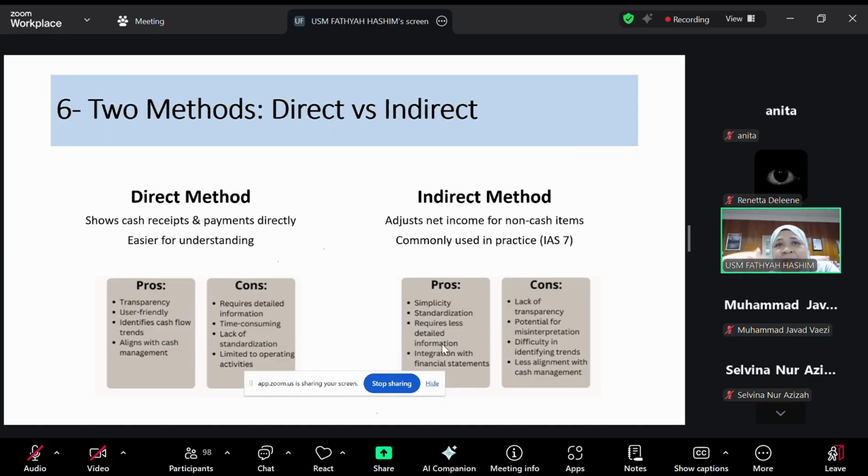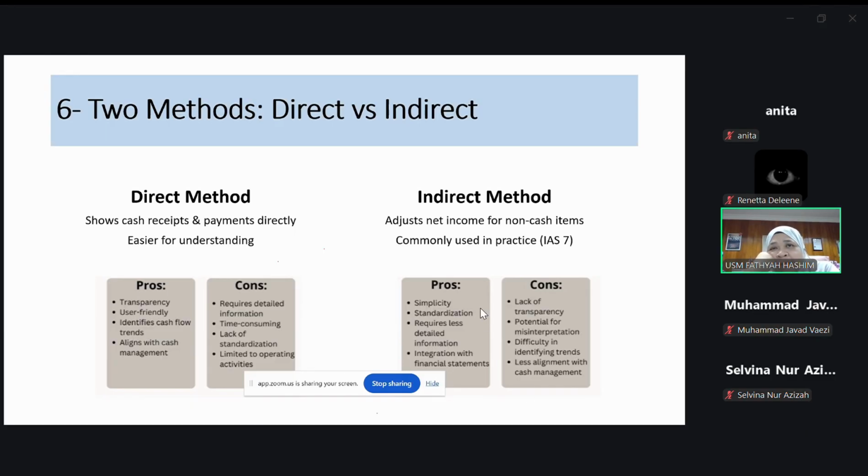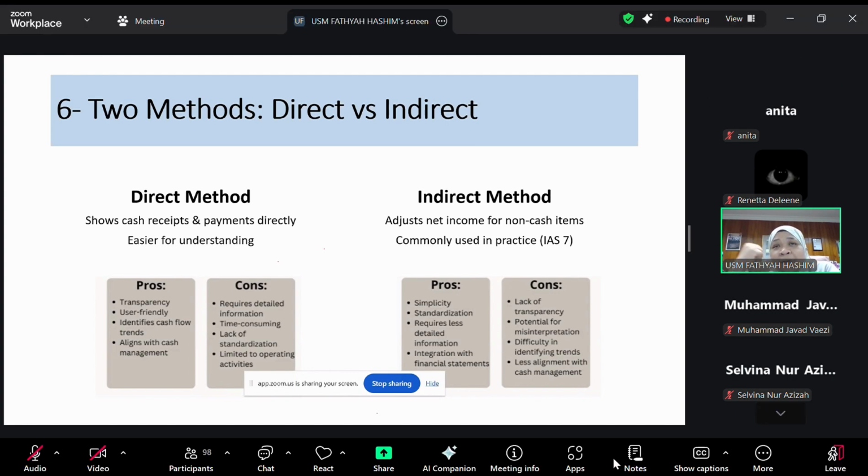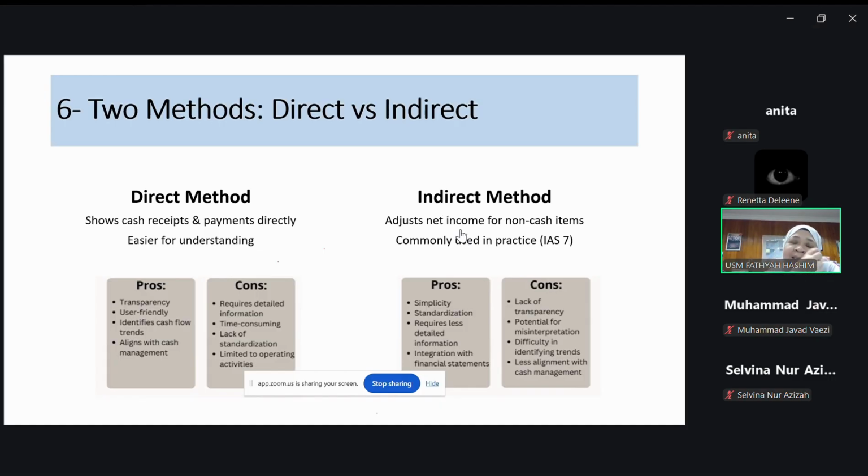So there is an interconnection between the statements. But I'm not saying the direct method is less popular only because it is more complicated to prepare. For cash management, the direct method is best.